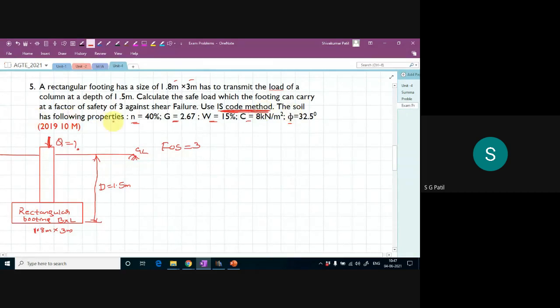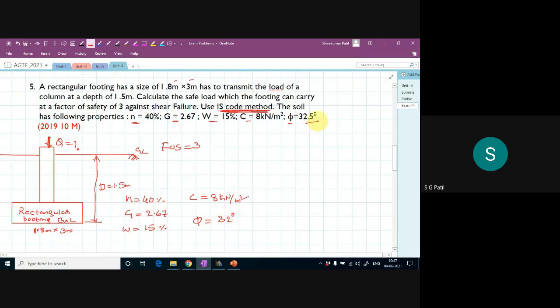The soil has the following properties. What are the properties here? They have given the porosity, 40%, and specific gravity 2.67, and water content is 15%, and cohesion they have given. What is the cohesion? 8 kilonewton per meter square, and phi value is 32 degree.